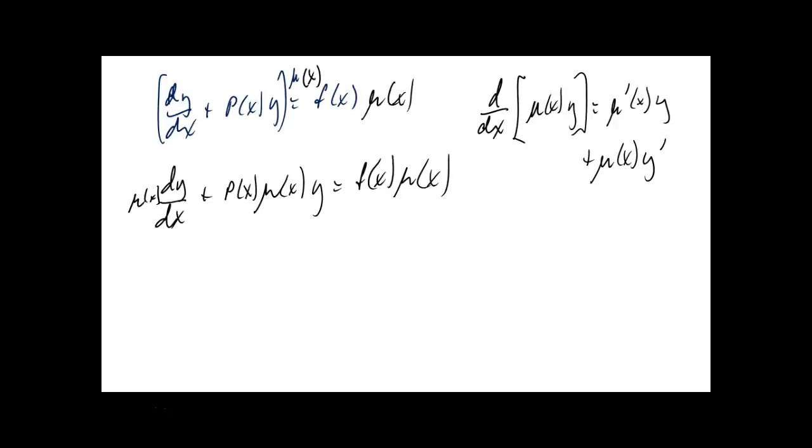If mu prime is equal to p of x times mu of x, then we've got it. That's what this side is. So that's the key. If p of x mu of x is equal to mu prime of x, then this is your product rule. That would be the left-hand side.